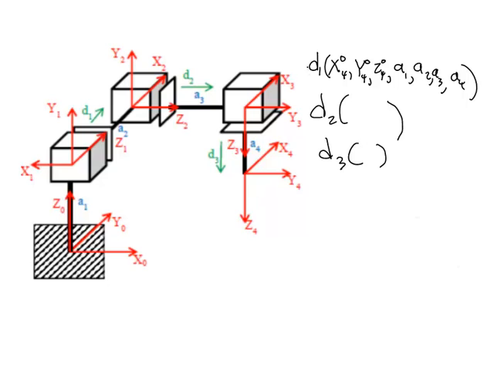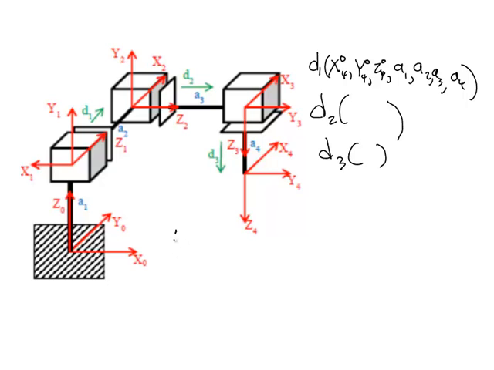So how can we find these three equations for D1, D2, and D3? We will use the same process to derive these equations regardless of what type of manipulator we are looking at. And this process has two steps.